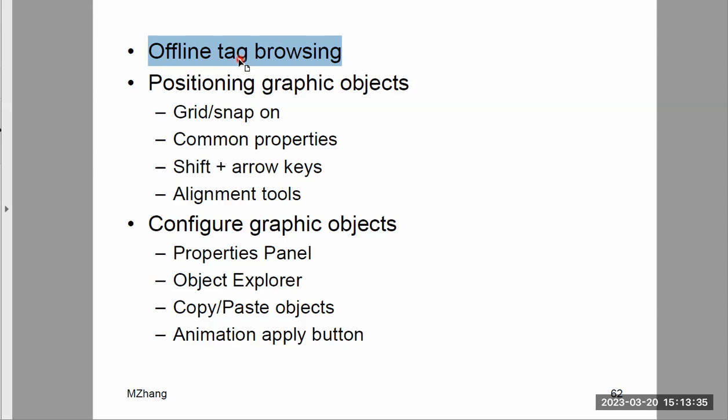The other option is that you could create an offline browsing. Instead of browsing from the PLC controller, you can directly browse from the ACD file, the Studio 5000 PLC project file, offline.